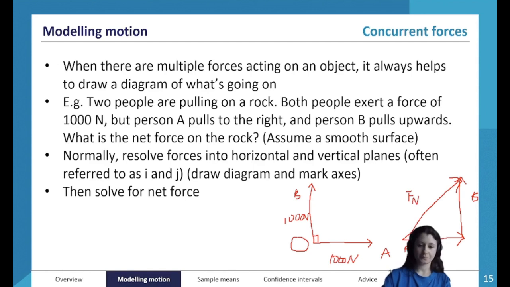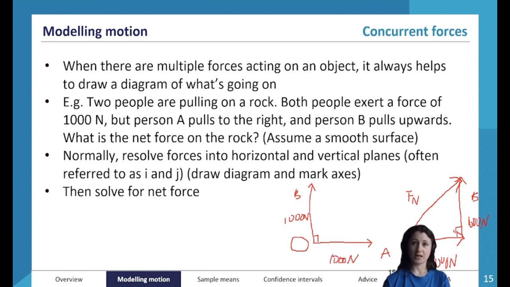Alright? So now we can actually add these two vectors together just by figuring out the length of that F net line there. So how can we figure out the length of that F net line there? My preferred method is to just go through all of the rules that you know and equations that you know, and just treat it like a regular triangle, or whatever kind of shape you're working with.